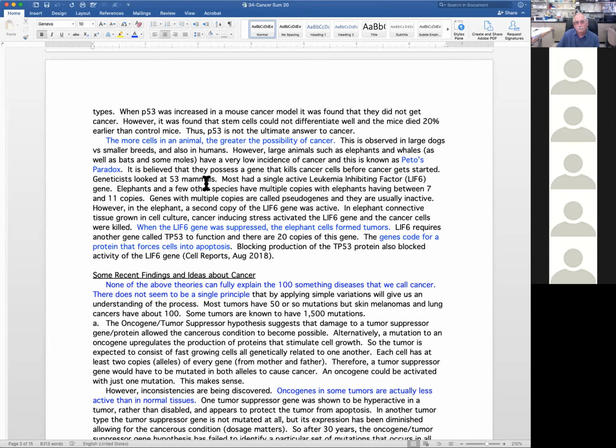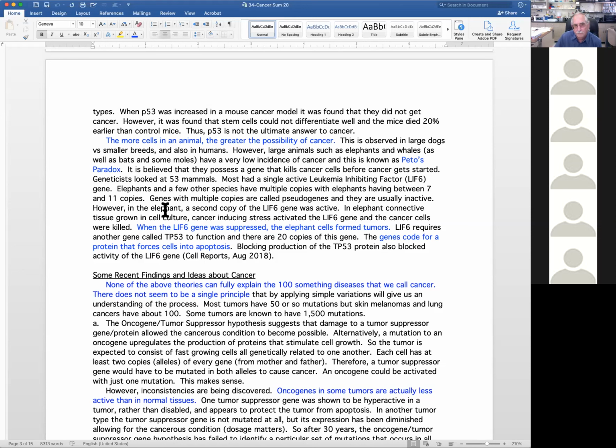So that's called Peto's paradox. So how can an elephant, which I think I read somewhere gets cancer maybe 2 or 3 times less than humans do, yet they have so many more cells? How is that possible?